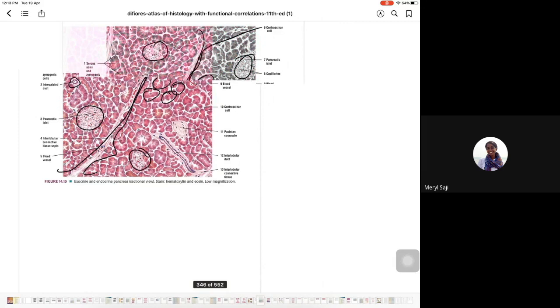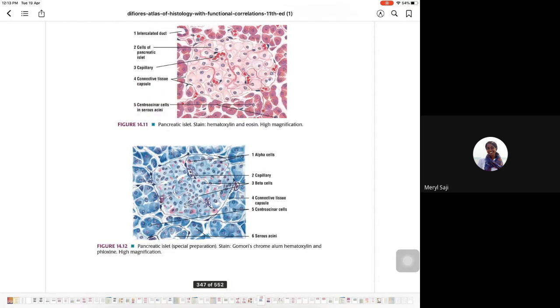So that's the pancreas. Figure 14.11, pancreatic islet, stain H&E, high magnification: intercalated duct, cells of pancreatic islet, capillary, connective tissue capsule, and centroacinar cells in serous acini.